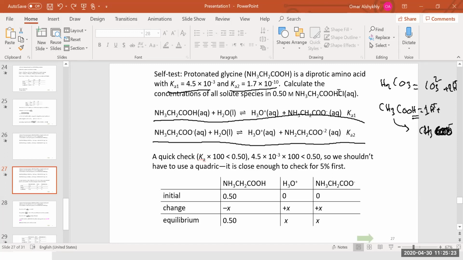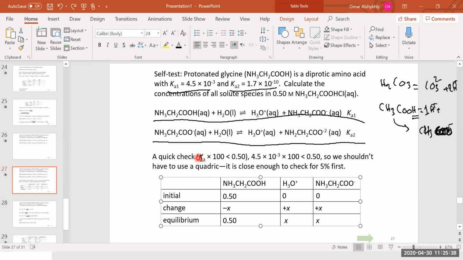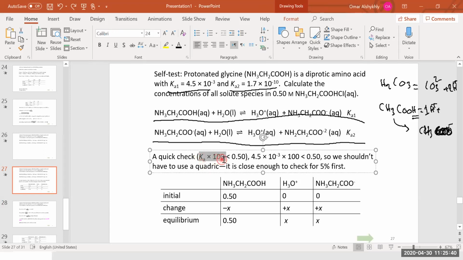So here, quick check Ka. Ka times 100 is less than 0.5.